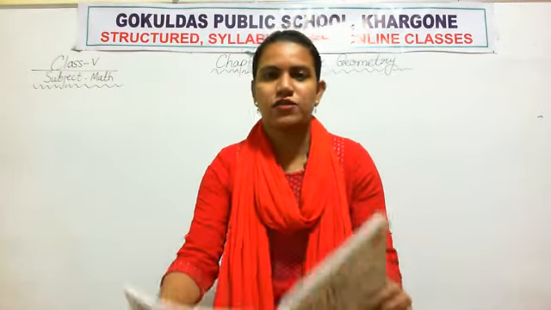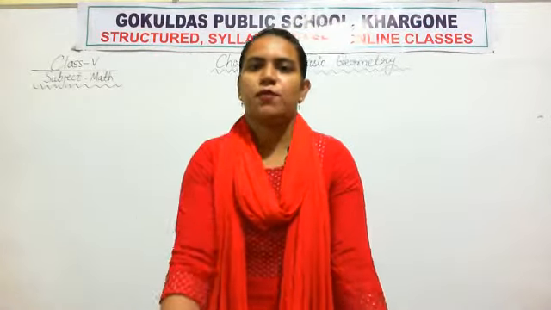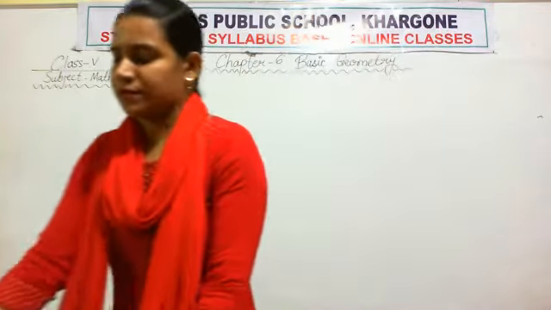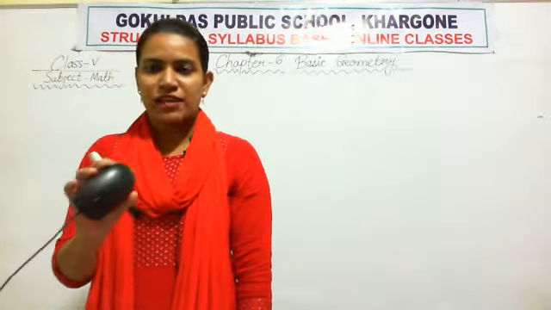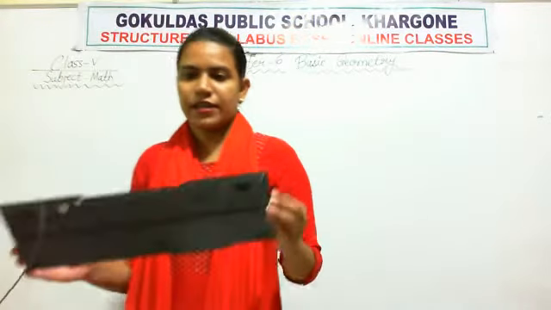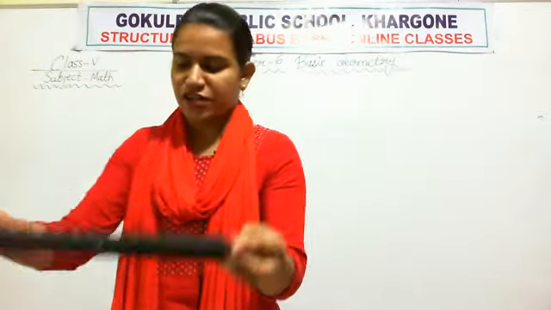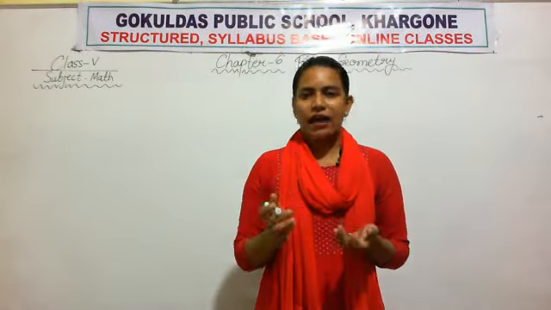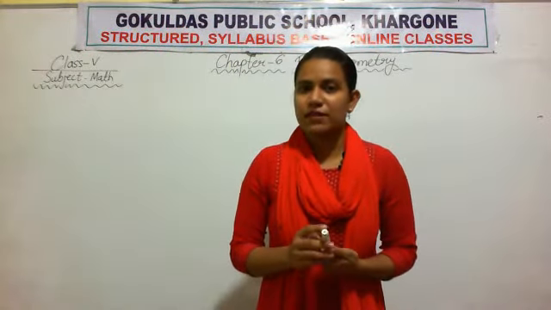Like your book, it is of rectangular shape. Board is of rectangular shape. This mouse has oval shape. Keyboard has rectangular shape. So each and everything around yourself has a particular shape and size.